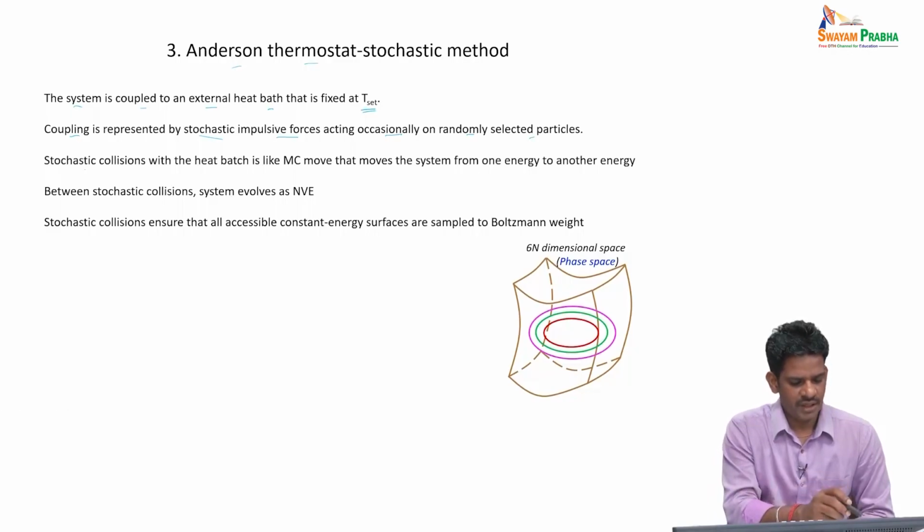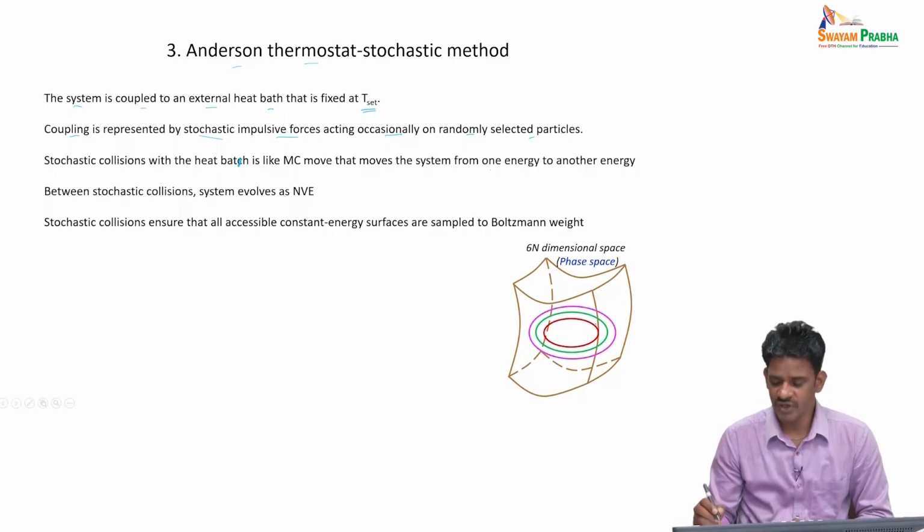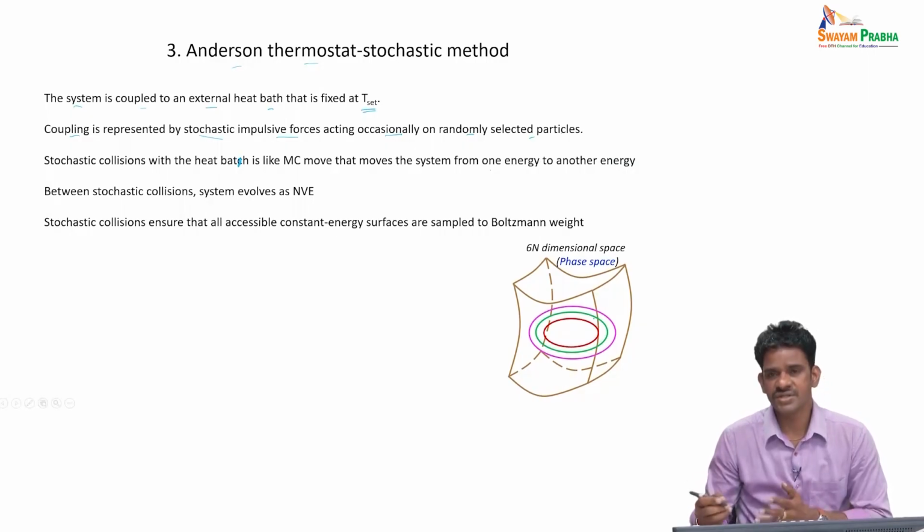Now these stochastic collisions with a heat bath are like an MC move that moves the system from one energy state to another energy state. You might recall that we were talking about constant temperature simulation in the phase space, where the system basically jumps from one energy state to another energy state and then vice versa.